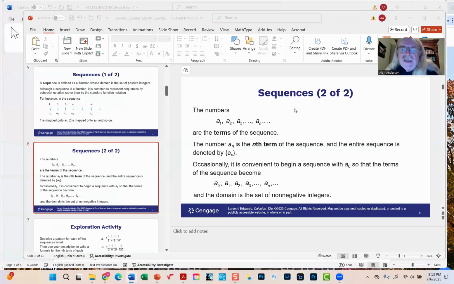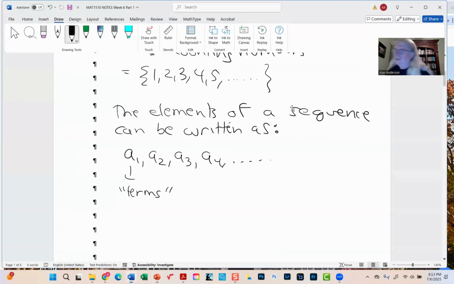Okay. And sometimes we write the sequence like this. We surround it by braces, they're called. And that's a shorthand for saying it's A1, A2, A3, all the way up to AN.